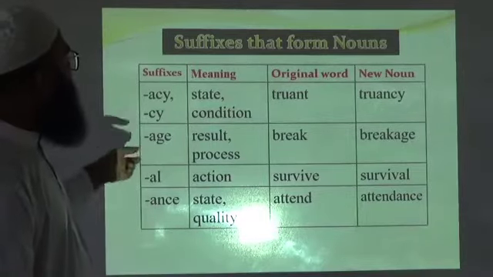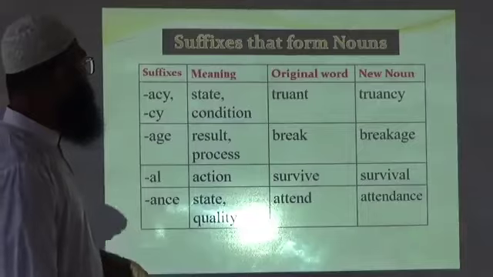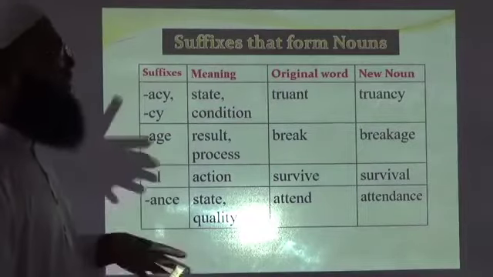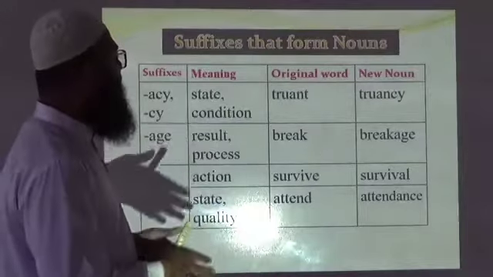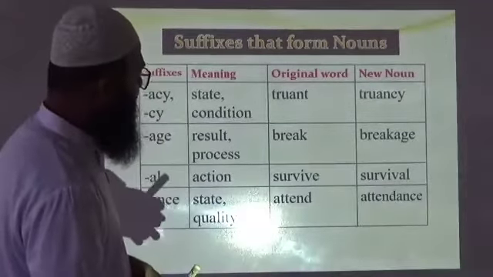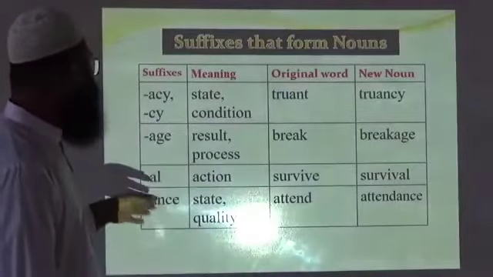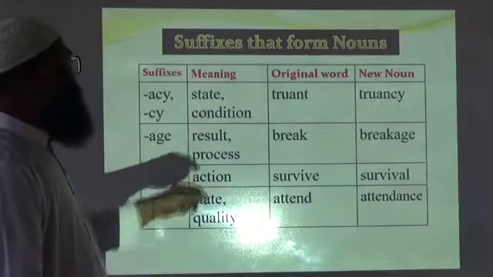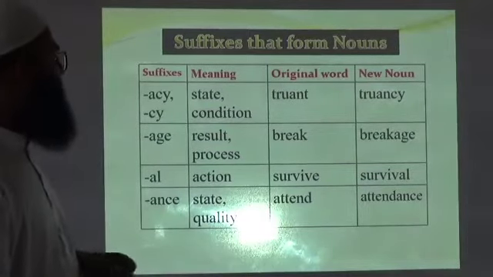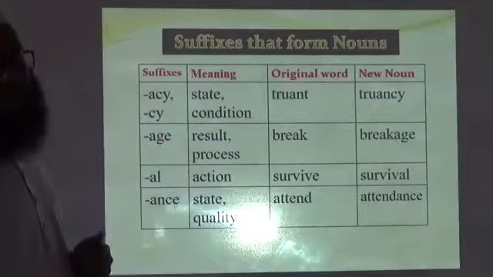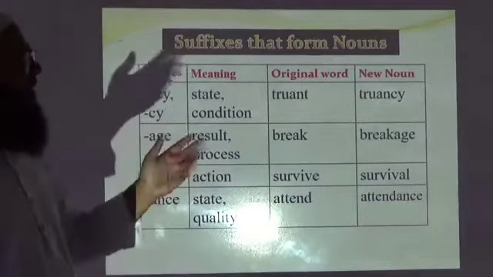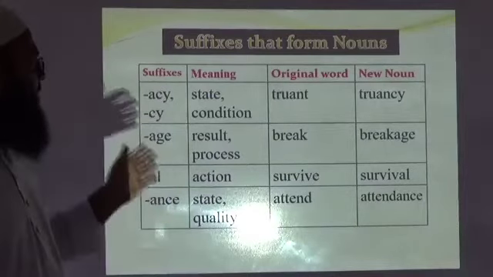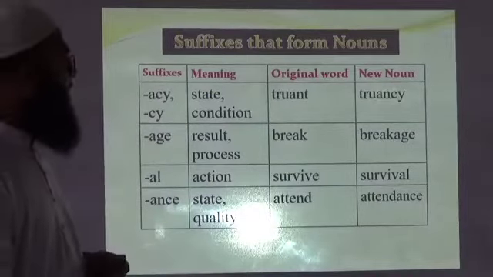AGE, its meaning is results, process, ending. Break, breakage, the result of break. AL, it means action. Survive, survive means টিকে থাকা, survival, the name of surviving.